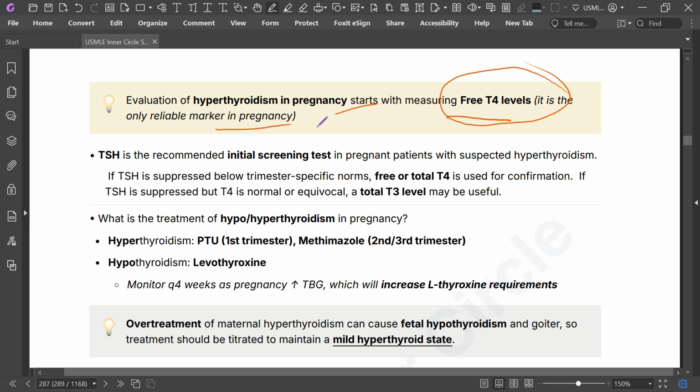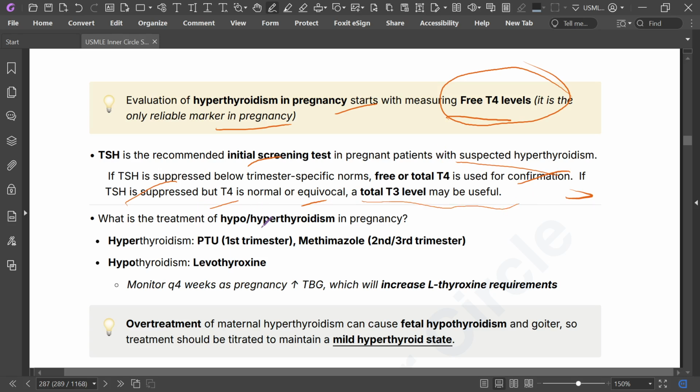TSH is recommended as the initial test in a pregnant patient with suspected hyperthyroidism. If TSH is suppressed below trimester-specific norms, free or total T4 is used for confirmation. If TSH is suppressed but T4 is normal or equivocal, total T3 may be useful.